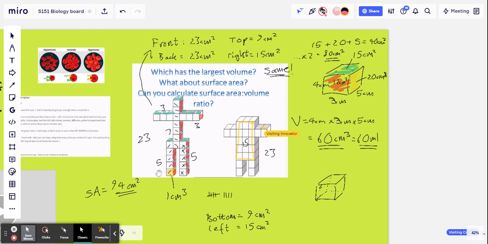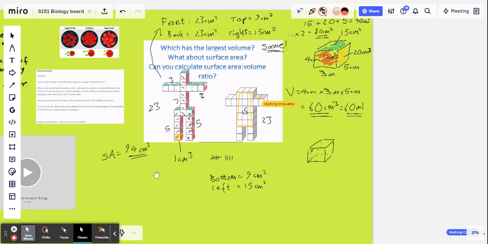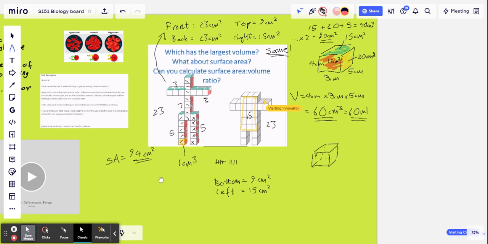Now we can actually calculate the ratio here. If we say the surface area to volume ratio, well, that's going to be 94 to 23. Now 23 doesn't actually go into 94, does it? So that would actually be the ratio simplified.